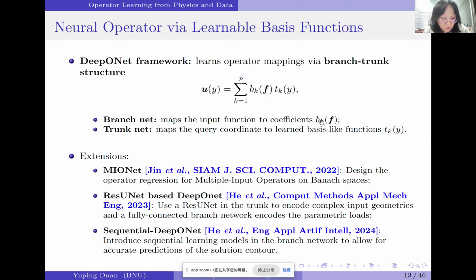Then the inner product of the coefficients and basis functions gives the final output. Extensions include MIONet for multiple input operators, ResNet-based DeepONet for complex geometries, and the sequential DeepONet for sequential predictions.